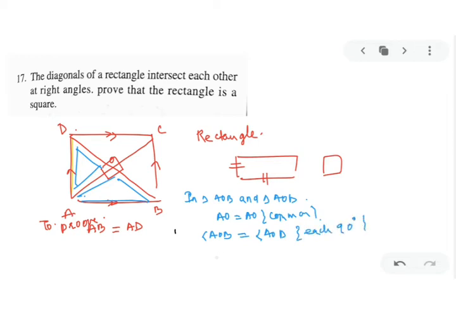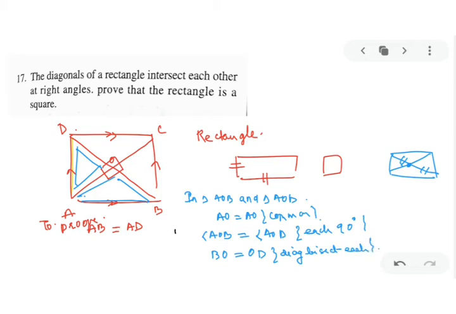And what else you can say? BO is equal to OD. Why? Because if you know rectangle के जो आपके diagonals रहते हैं that bisect each other, वो equal हिस्सों में divide होते हैं. So BO is equal to OD because diagonals bisect each other.